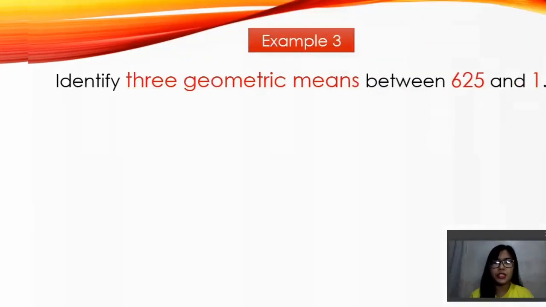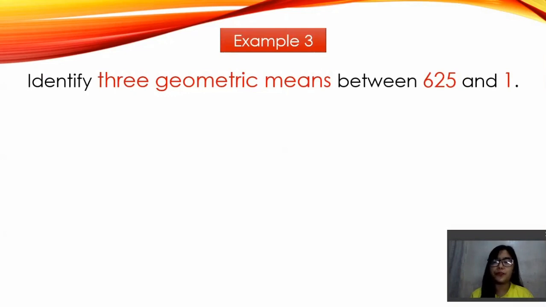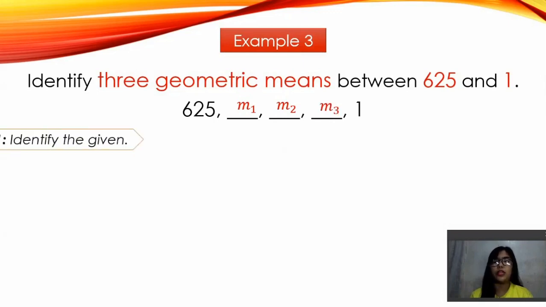Let us proceed to example number 3. Identify 3 geometric means between 625 and 1. So, since we're going to find 3 geometric means, the sequence will be 625, m sub 1, m sub 2, m sub 3, and 1. Okay? So, same procedure.